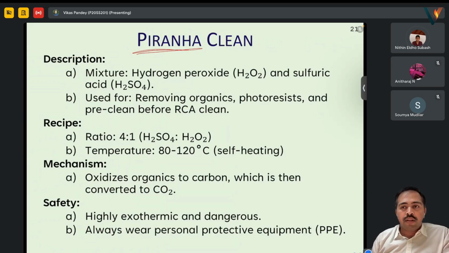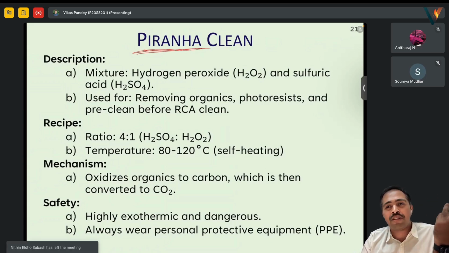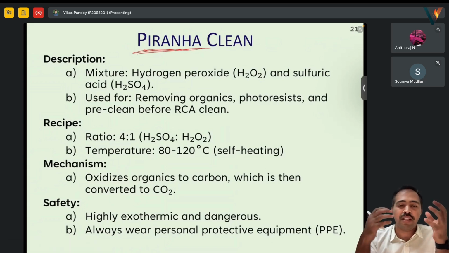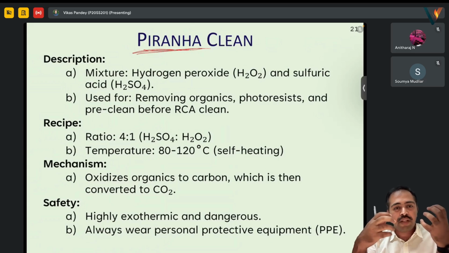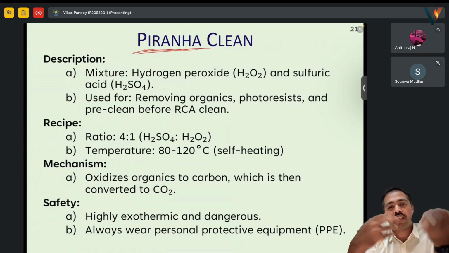Okay. So this piranha fish, they are very small in size and they are carnivorous and they can eat the whole human itself in some fraction of minutes. Based on that, it is the name because here also the chemical is very vibrant and it will eat out all the organic things present there.